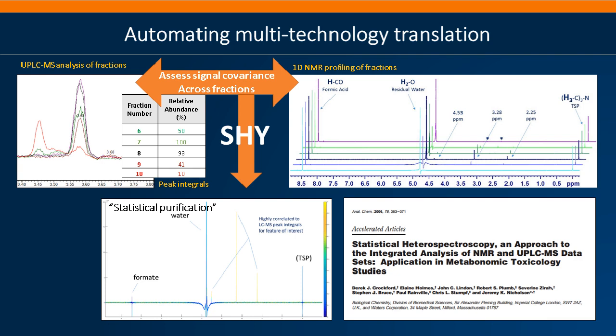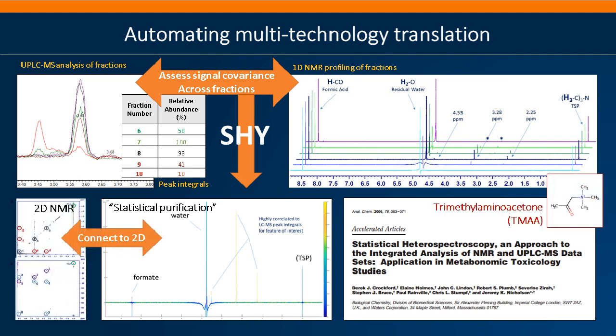So we do this statistical purification in order to link the different platforms, which have very different data structures, and in that way we're able to translate between them to get more confident IDs out.